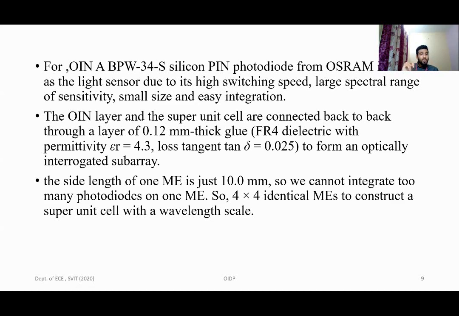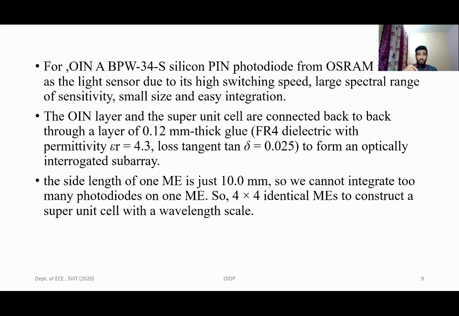The thickness, length and width of the BPW 34S are approximately 6.7 mm and 400 mm. The side length of the metasurface element is about 10 mm.